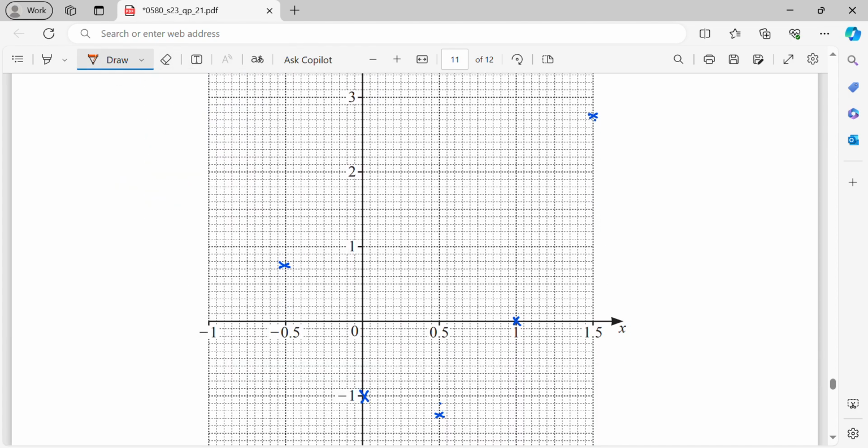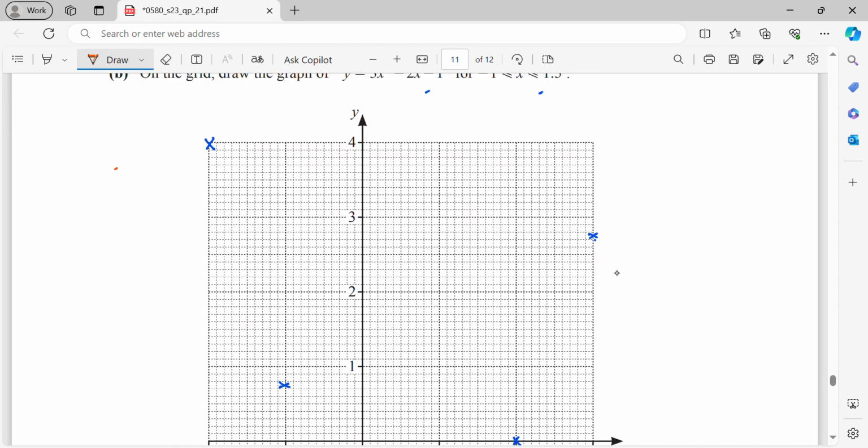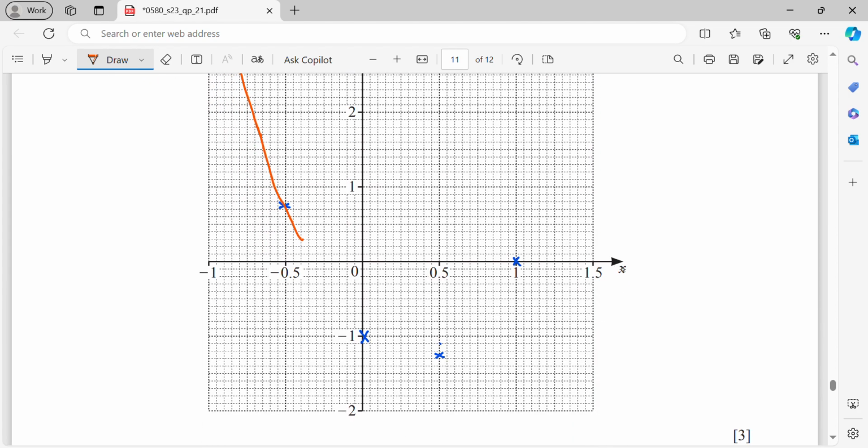When I join the points, just draw a smooth curve.